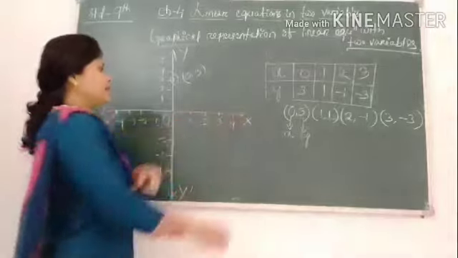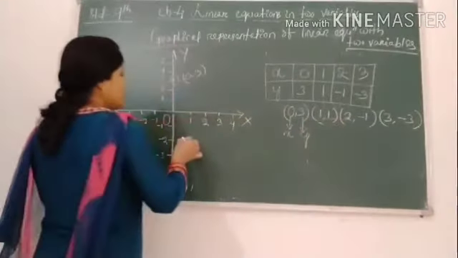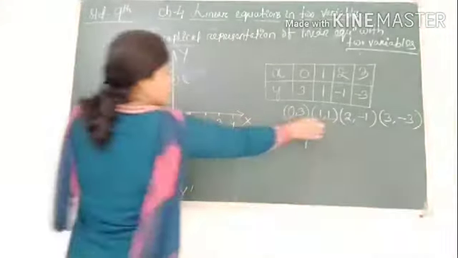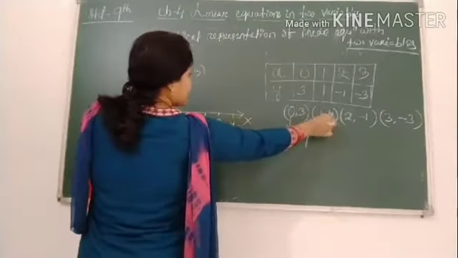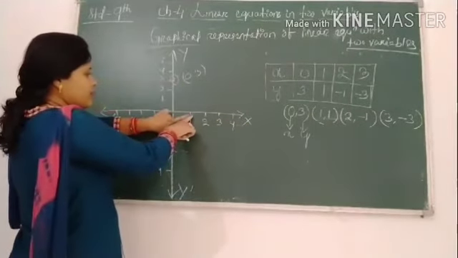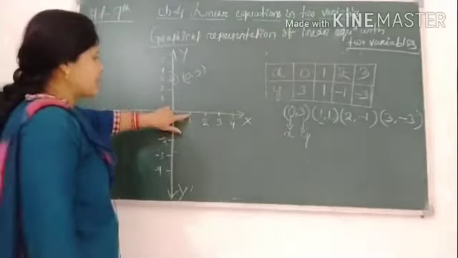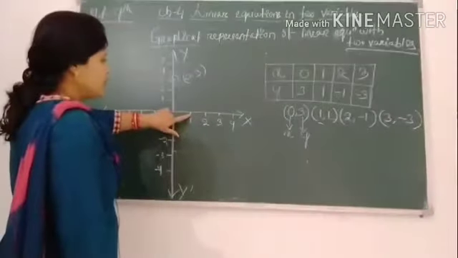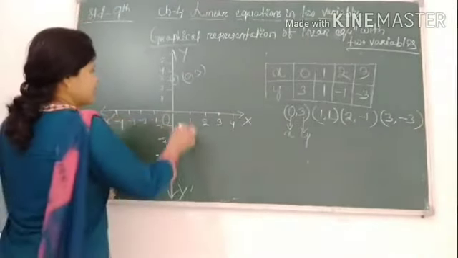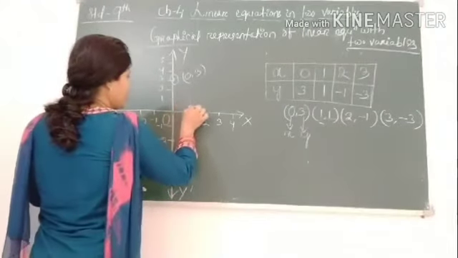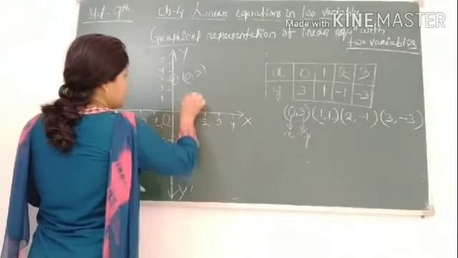Then come to the second, 1 and 1. This is the value of x, this is the value of y. First we have to go on your x-axis. So this is 1 and plus 1. So your point becomes here.